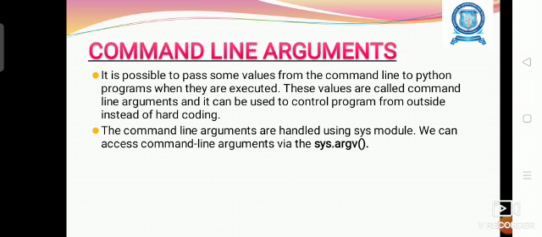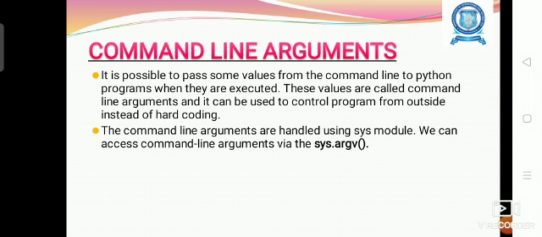First, let us see about the command line arguments. Normally, arguments are the values we pass during the function call. The values are passed to the function definition and used during function execution. So we can control the function execution by giving the necessary values through the function call, which are called arguments.